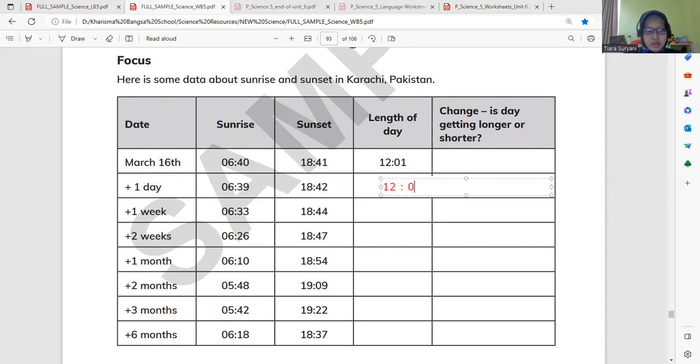That's easy because the minutes of the sunset are bigger than the minutes of the sunrise. And so on for plus 1 week, the same. Plus 2 weeks are also the same. So you just need to subtract 47 by 26 and then 18 by 6. But also for this one, 18:54 and 6:10.